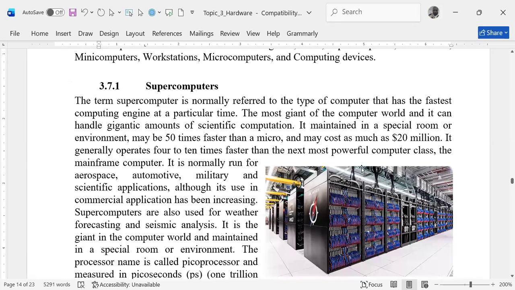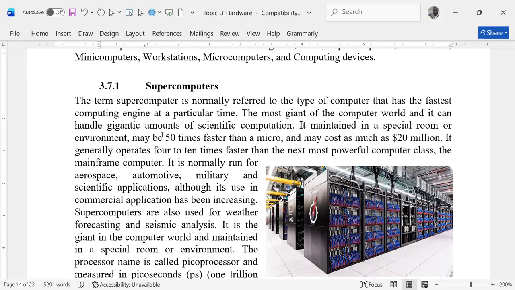A series of units connected together as a supercomputer, the most powerful giant in the computer world, supports millions of users to handle or work at the same time. And this is very expensive, always maintained in a special room or environment.